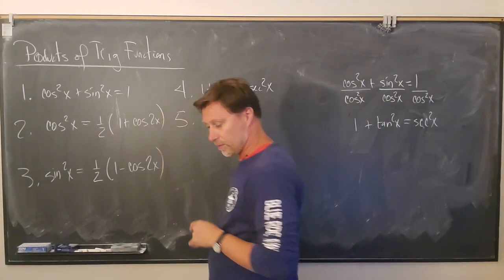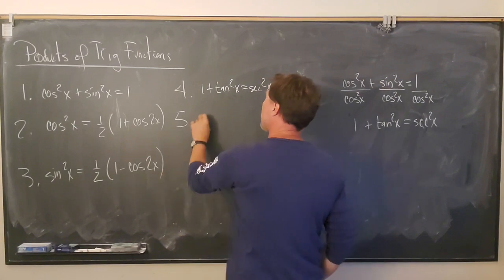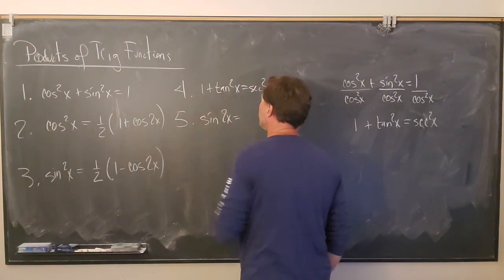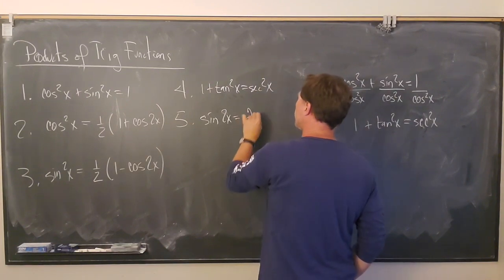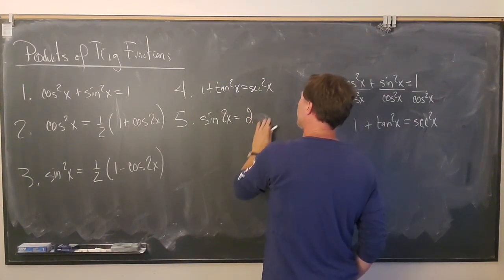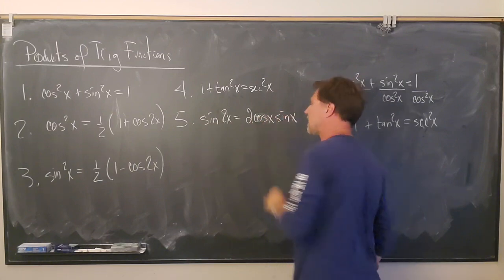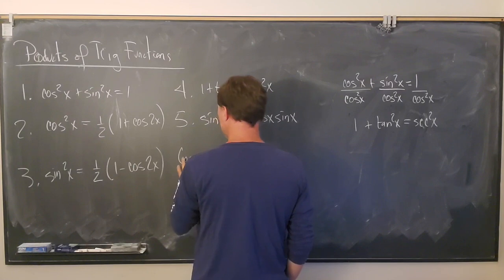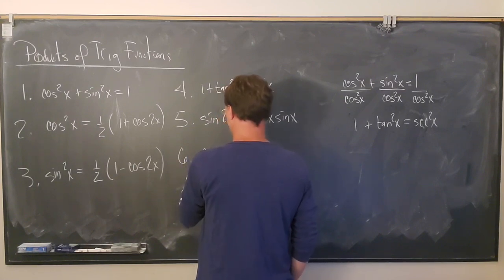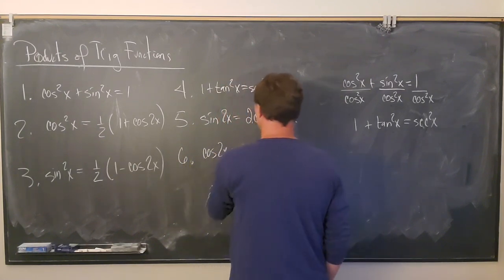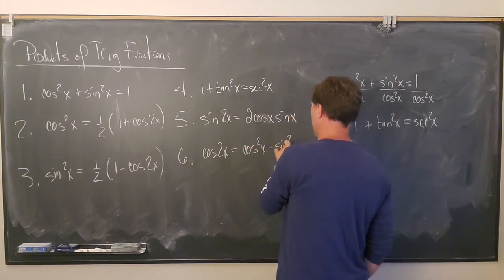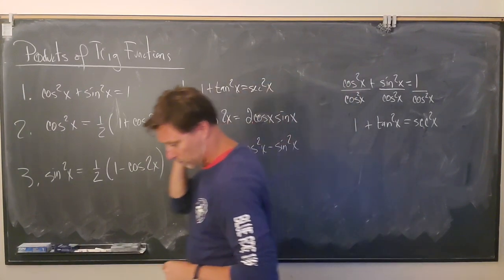Okay, identity number 5, that's going to be sine 2x is equal to 2 cosine x times sine x. And then the last one we need, so number 6, cosine 2x is equal to cosine squared x minus sine squared x.